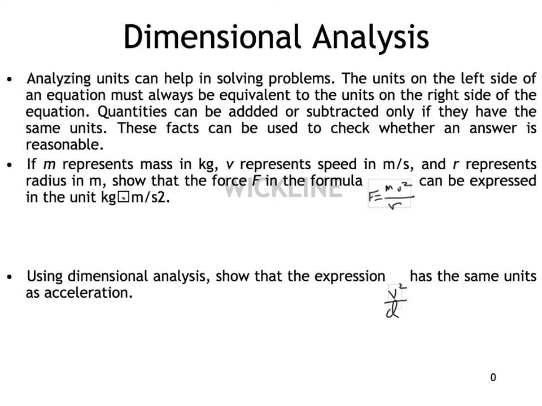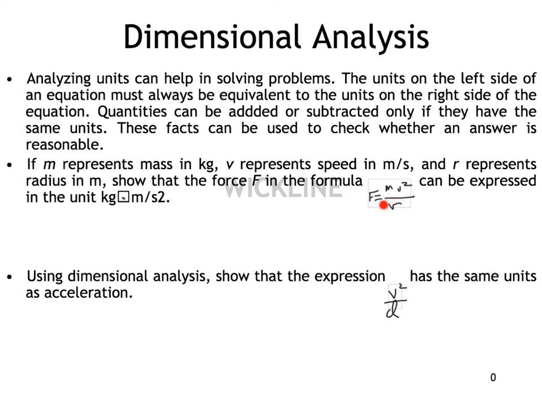One way to tackle an equation like this is to look at F equals mv squared over R, and think about them as quantities and start replacing them with fundamental units that match that quantity. For instance, m is mass and it's measured in kilograms, which you need to know. V is speed, which is measured in meters per second, and r is radius, measured in meters.